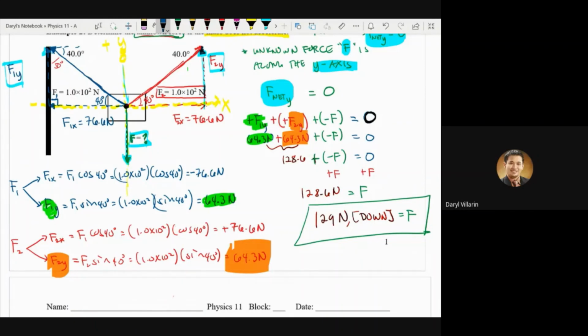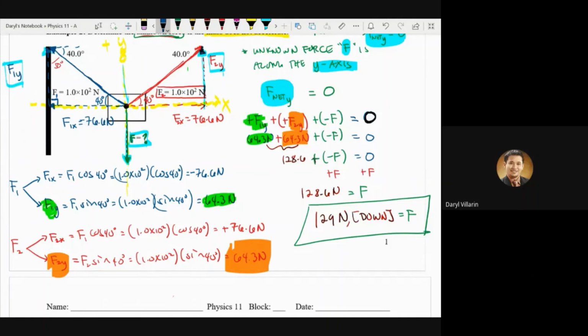but it is to the left because there are only two forces along x. There are only two forces along x. And again, the net force along x is 0. So therefore, it follows that F1x and F2x have the same magnitude. So that would be a variation to this particular question.